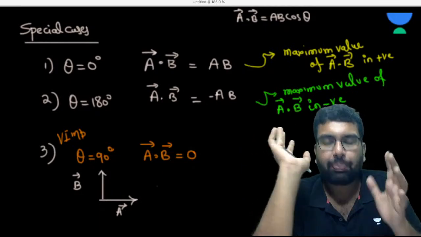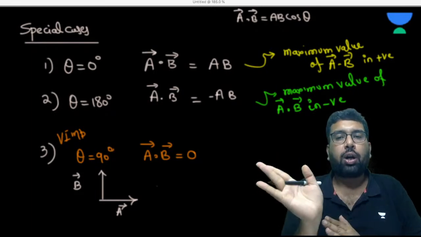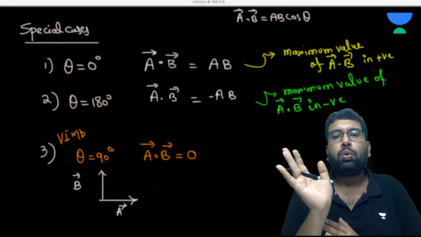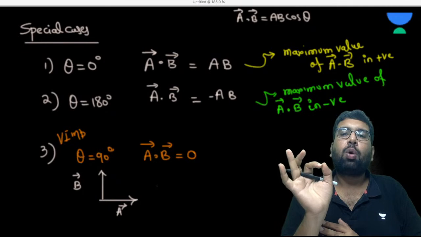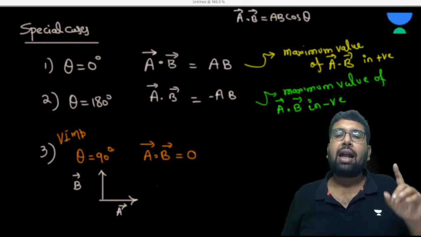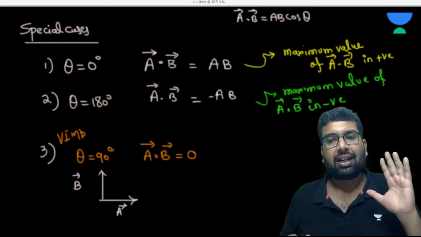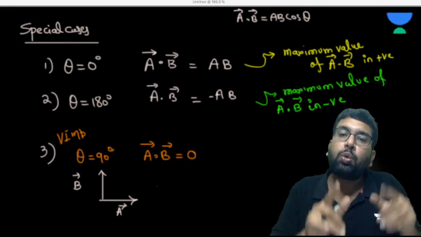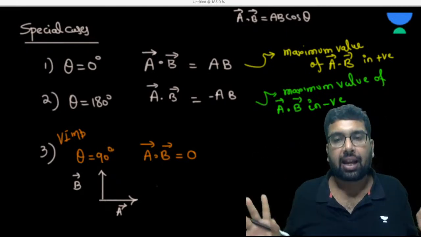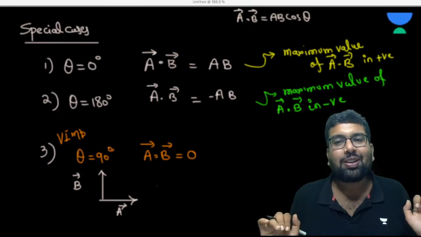So please understand this. Let's suppose a force is acting on a body in the x direction. Then the body can never move due to the effect of that force in the y direction, because x and y are perpendicular to each other.